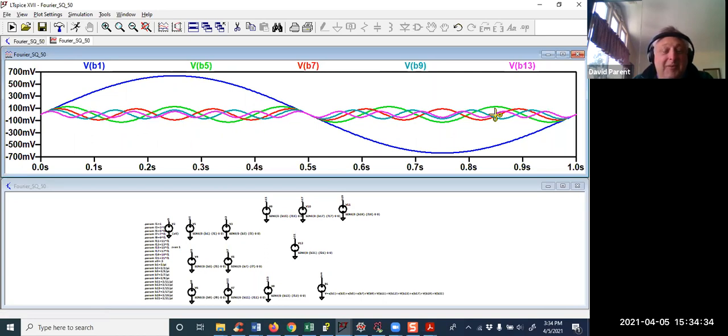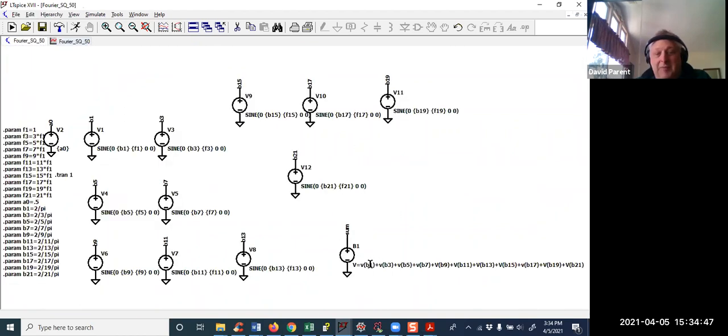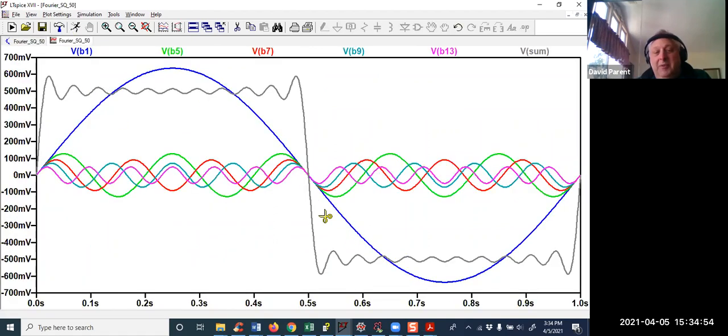I'm going out on a limb here, maybe a fuchsia, I don't know. But now we can see that even better, right? And then if you look at this sum, I'm summing these all back up, right? That would be the original square wave, right?